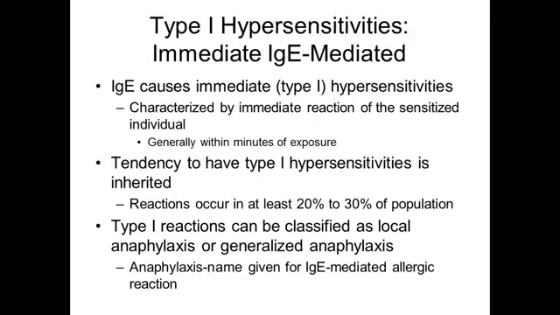The tendency of your immune system to go this route, to go the IgE route for these certain types of invaders. And then there's different types depending on whether the reaction is local, and it's referred to as anaphylaxis sometimes, or generalized.